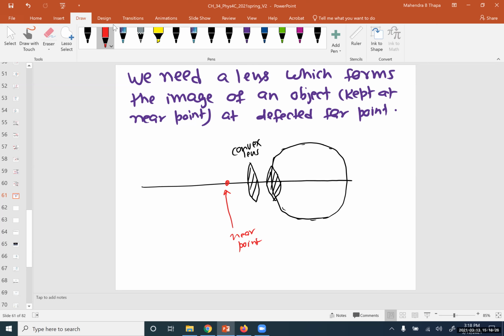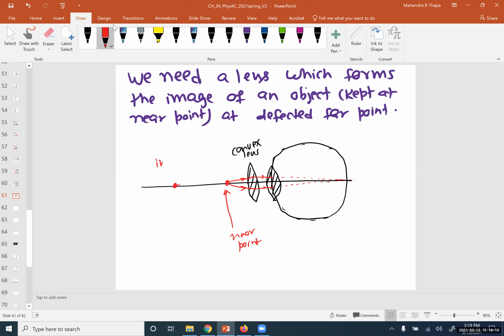The rays coming from the object at the near point further bend toward the principal axis and finally meet at the retina. So this convex lens will form the image somewhere. Say, for example, the image will be formed here.